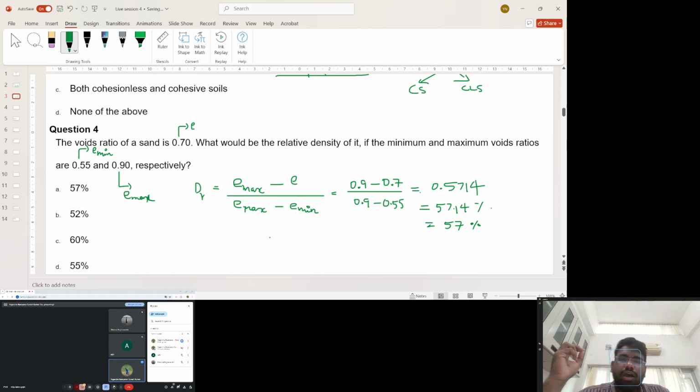So any idea how e max and e min are determined? So the right option is option A.